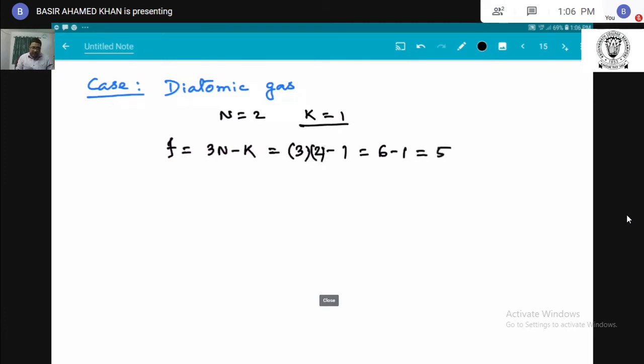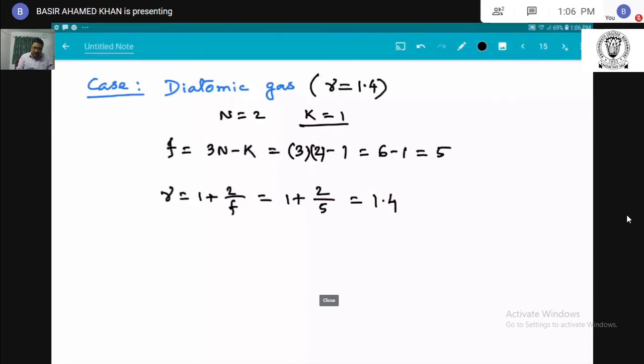So, for diatomic gas, gamma equals 1 plus 2 by F, that means 1 plus 2 by 5 equals 1.4. So, for diatomic gas, gamma equals 1.4.